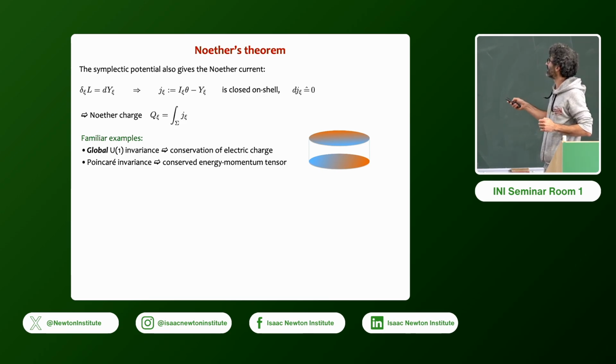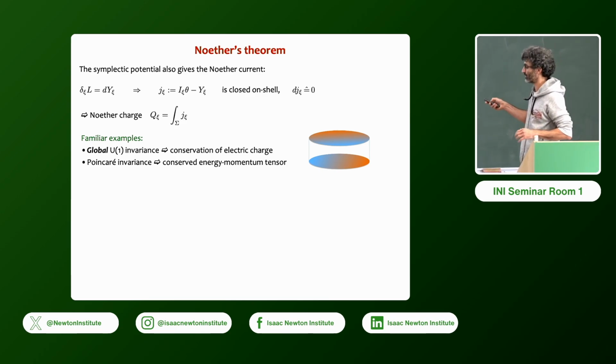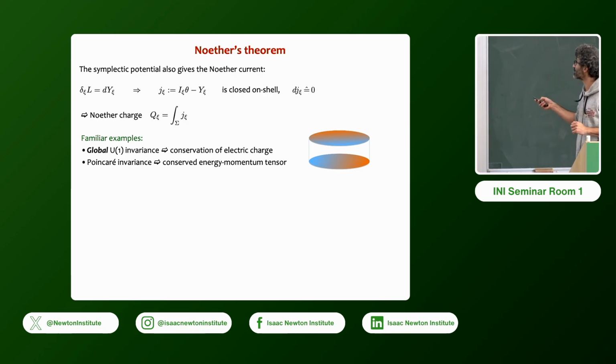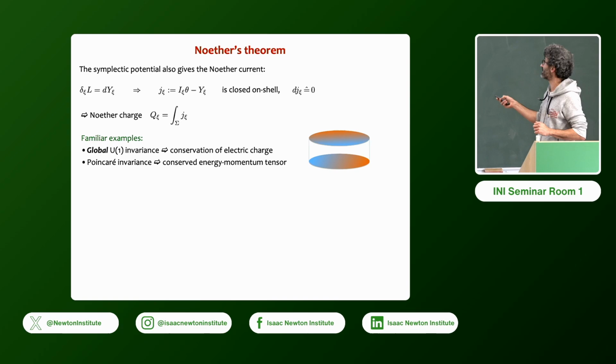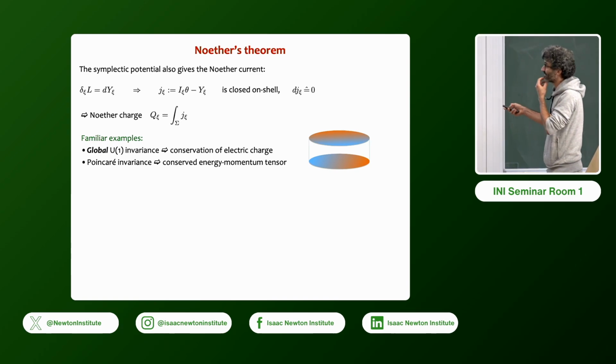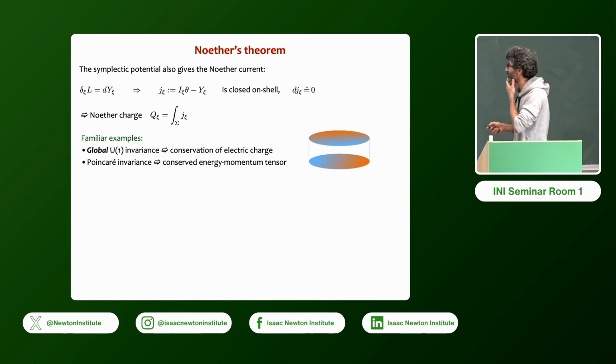You assume trivial boundary conditions, like the fields going to 0 at infinity, or conservative boundary conditions if it's a finite time-like cylinder. And then you get that the total charge here, obtained integrating the current, equals the total charge there, just as a trivial consequence of this. And these are familiar examples of this beautiful theorem.